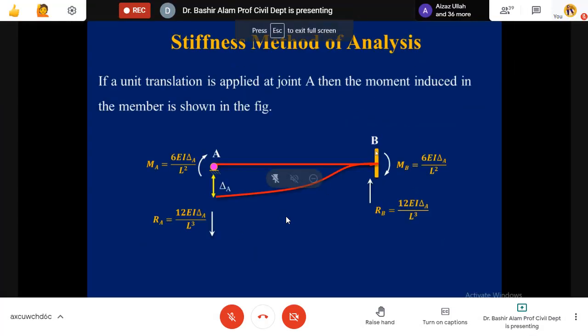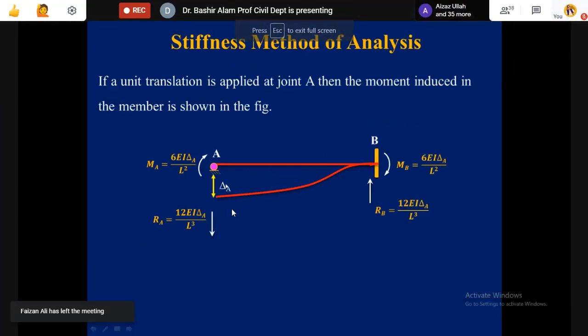Instead, let's say A is fixed and B is settling down to this position where RB is written. So how do we fix the direction? It will try to come back to its position, so the far end moment becomes counterclockwise, by the same amount, 6EI delta B divided by L square.